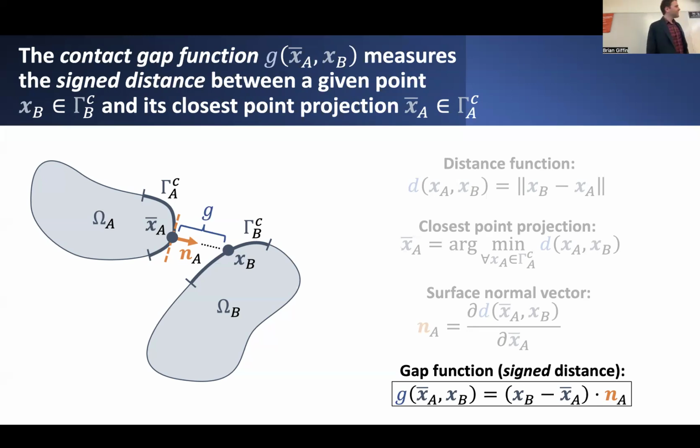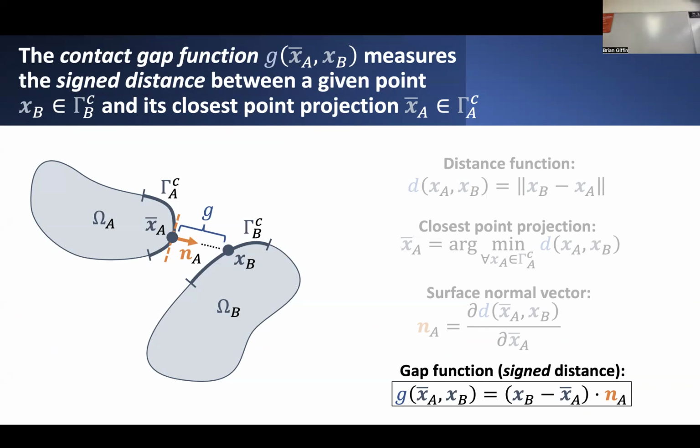So the resulting gap between these two points, X bar sub A and XB, is determined through this gap function, which in the case of two-body contact can be evaluated as this particular vector dot product with this normal vector. So you can imagine that if this normal vector always has an orientation that's outward with respect to this particular body, then if this distance vector is open, the gap function will be positive, and I'll have this open gap condition. No contact will be occurring.